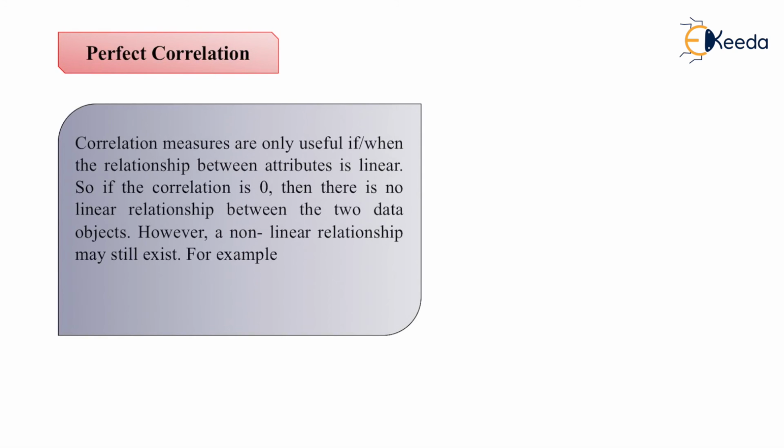Next, correlation measures are only useful when the relationship between the attributes is linear. If the correlation is 0, then there is no linear relationship between the two data objects. However, a non-linear relationship may still exist. For example, x is minus 3, minus 2, minus 1, 0, 1, 2, 3 and y is 9, 4, 1, 0, 1, 4, 9.